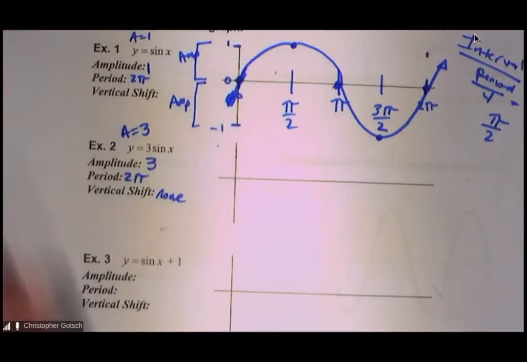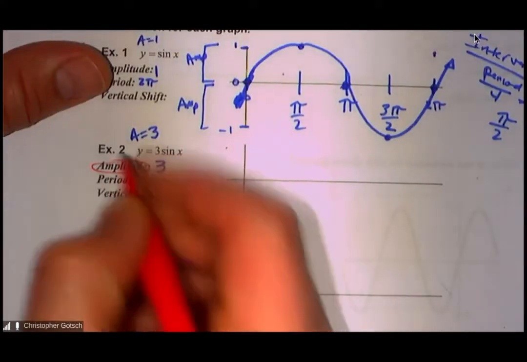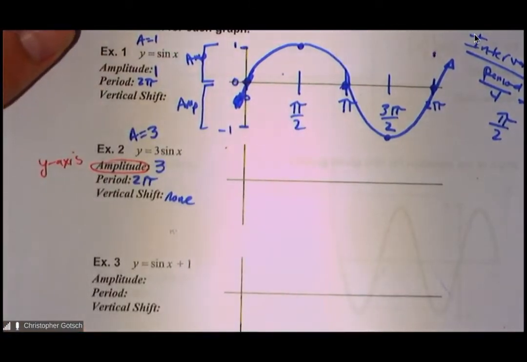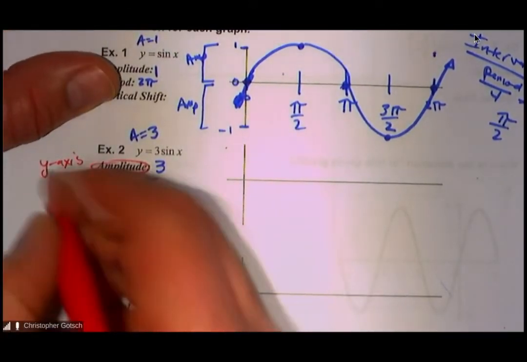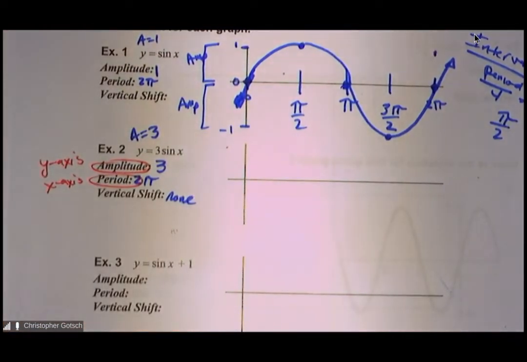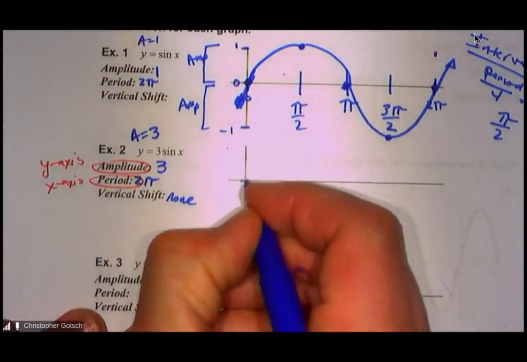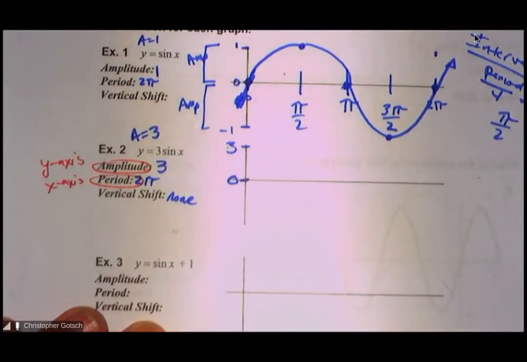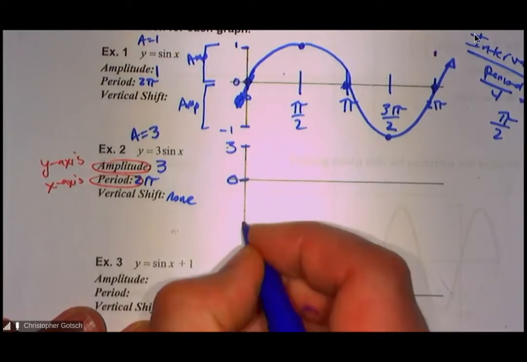This guy right here, again, if you haven't figured this out, is for the y-axis. So amplitude is what we use for the y-axis, and the period is for the x-axis. Okay, so I go ahead, I start at 0, and now it's getting stretched up to 3. And it's getting stretched down to -3.